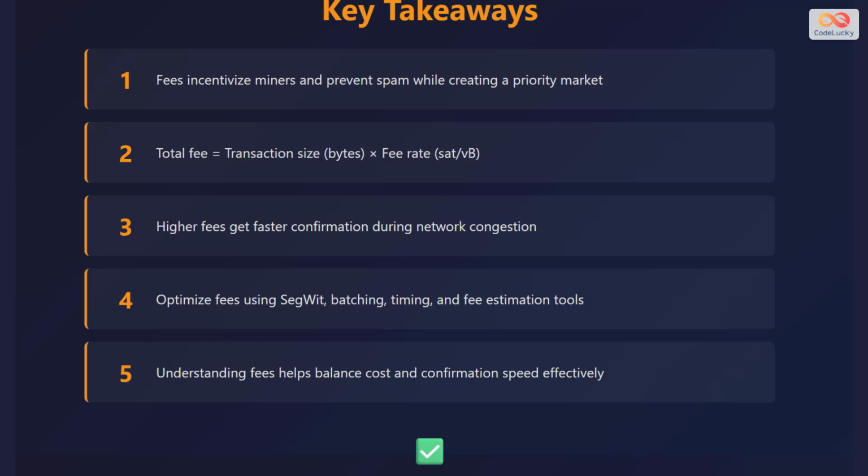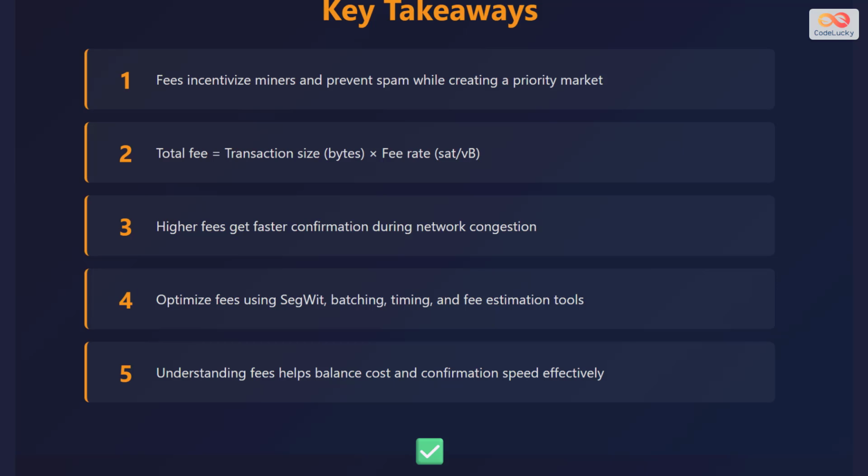Let's recap the key points about Bitcoin transaction fees. First, fees incentivize miners and prevent spam while creating a priority market for transactions. Second, the total fee equals transaction size in bytes multiplied by the fee rate in satoshis per virtual byte. Third, higher fees result in faster confirmation, especially during network congestion.